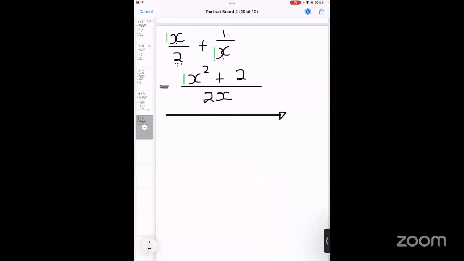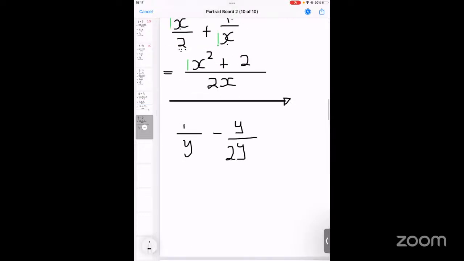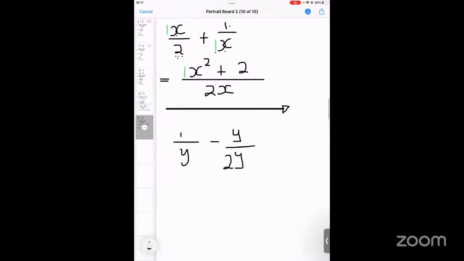Maybe let me give you guys an example and say, what if we have 1 over y, minus y over, let's make this one 2y. Yes, there is an example. So very quickly, you can work it out on your side. And then when you are done, please do let me know, just like you did on the previous one.